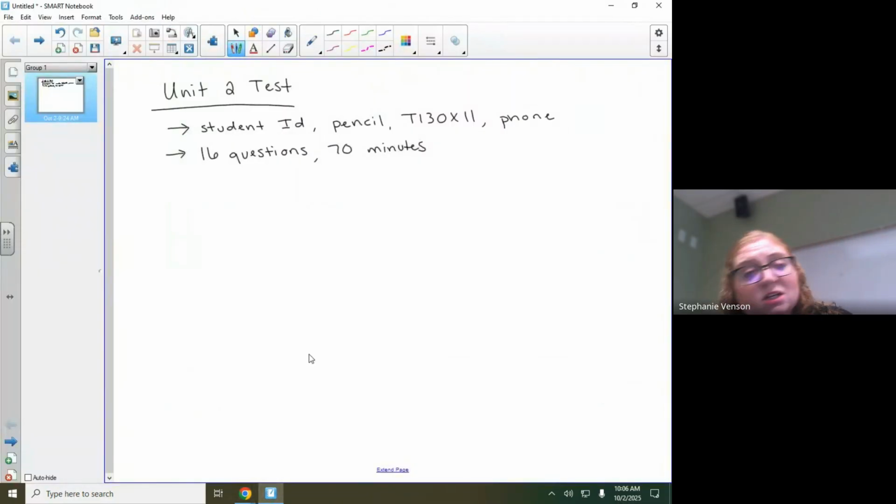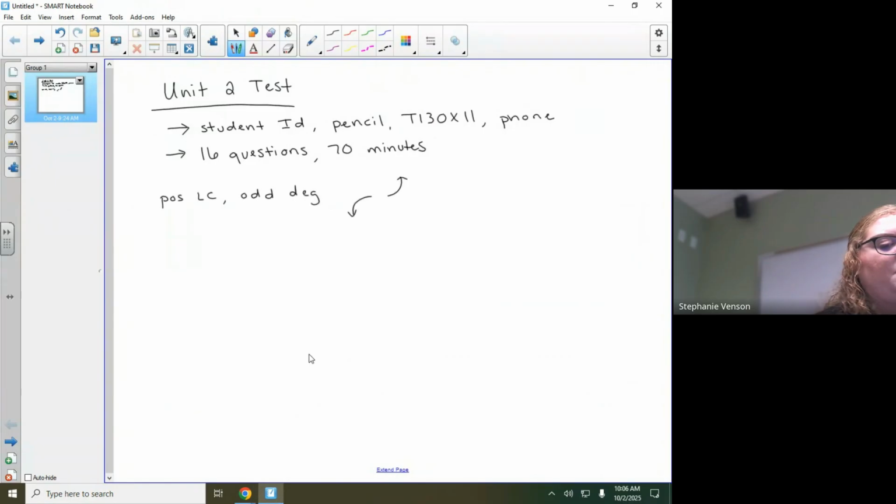Okay. The part of this that you'll need to memorize is that a positive leading coefficient with an odd degree is down on the left, up on the right. A negative leading coefficient with an odd degree is up on the left, down on the right. So there's 4 cases, if you will.